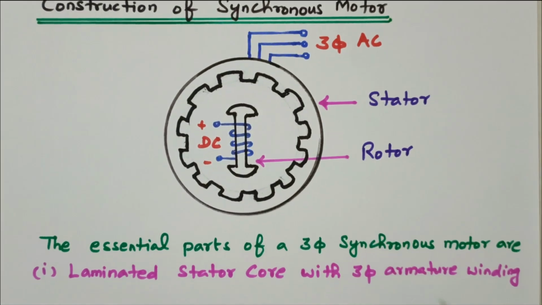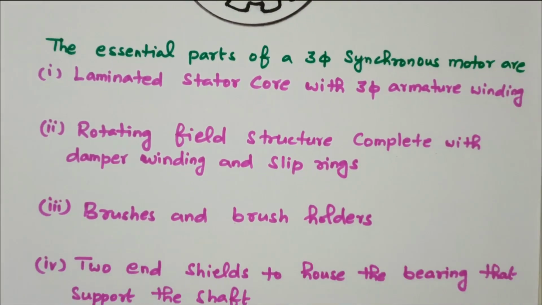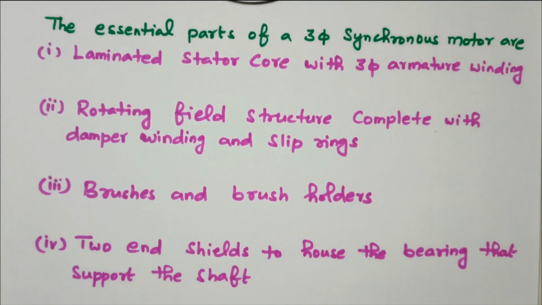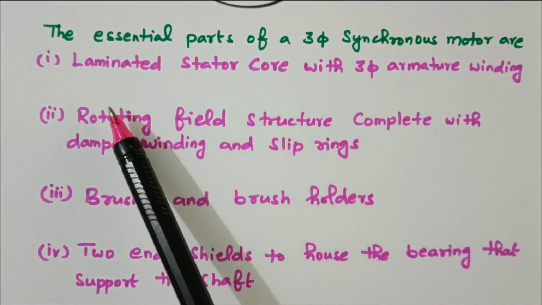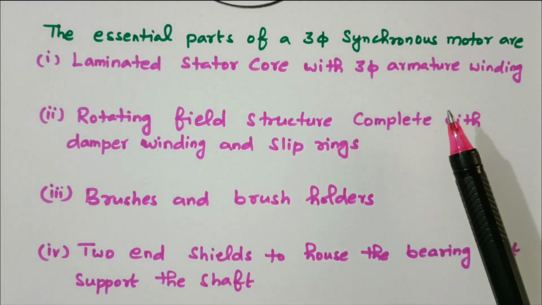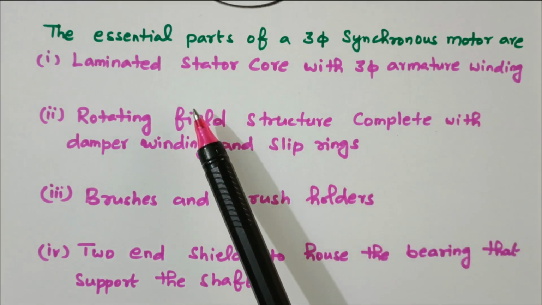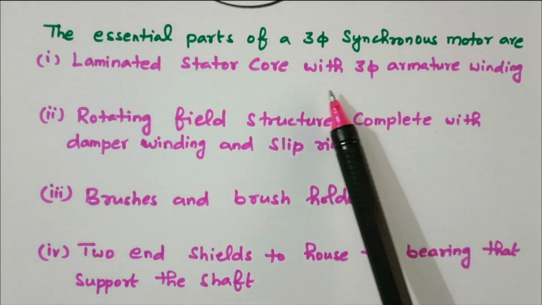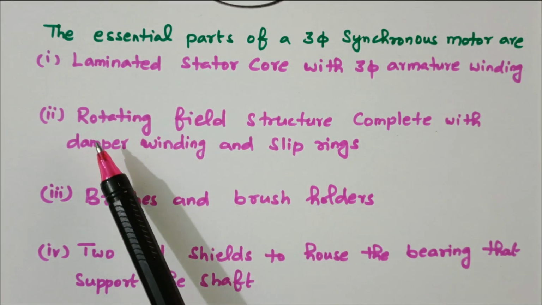Now we'll see the further detail. The essential parts of a three-phase synchronous motor are a laminated stator core with three-phase armature winding. So the stationary three-phase armature winding is available in the stator core, which is laminated.